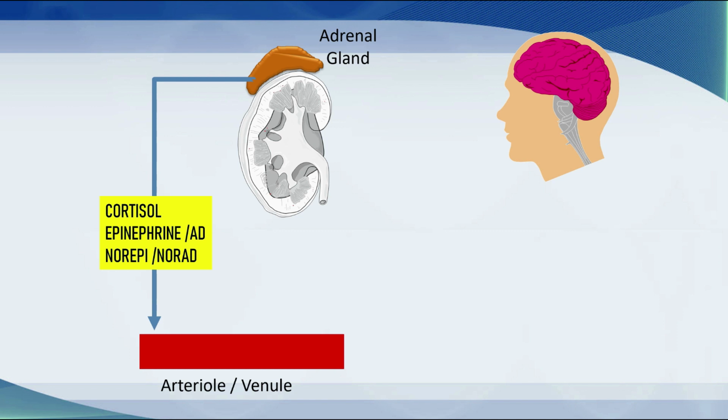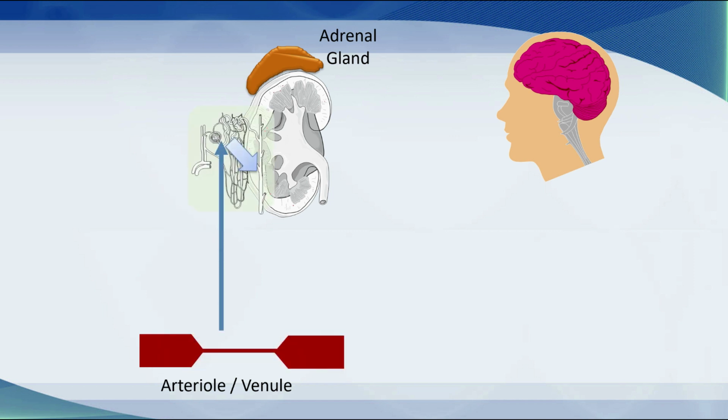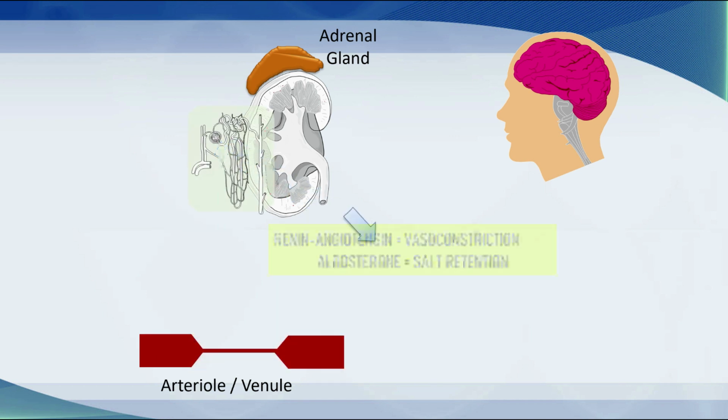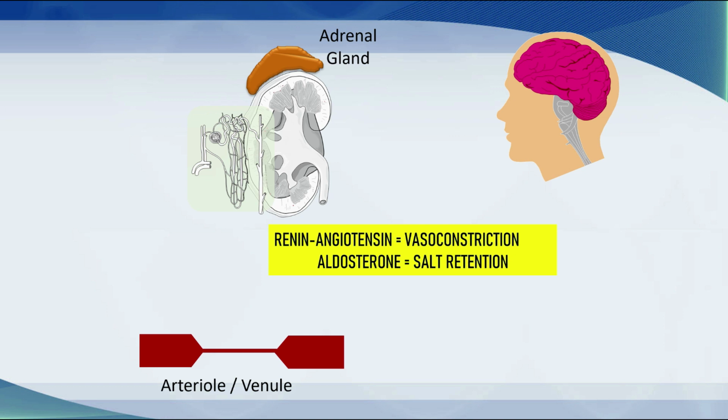Part of what these chemicals do, and they do all kinds of things, is to act on arterioles and in particular venules and vasoconstrict them. Once they're vasoconstricted, flow, particularly into the splanchnic circulation, slows down, flow into the kidney slows down, the macula densa senses this, and there is an increase in the release of renin and then angiotensin.